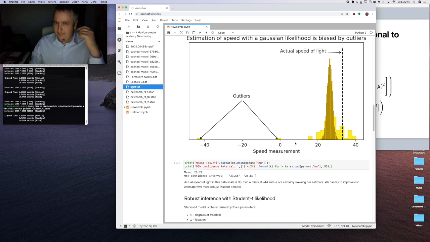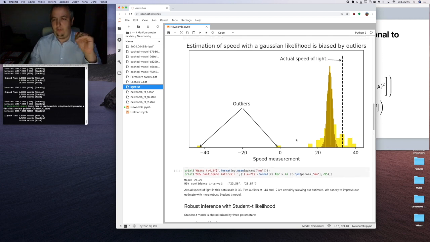But let's try to tweak it a bit, because generally the problem with outliers is that normal distributions are very sensitive to outliers. Why? Because normal distributions have very thin tails, or very light. It's called light tail. So almost all the probability of a normal distribution is here. In the tails, these values are very small.